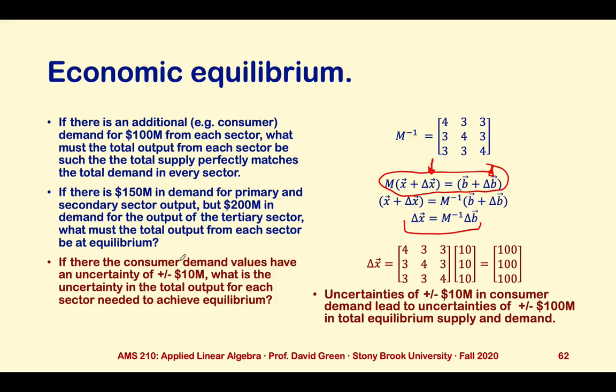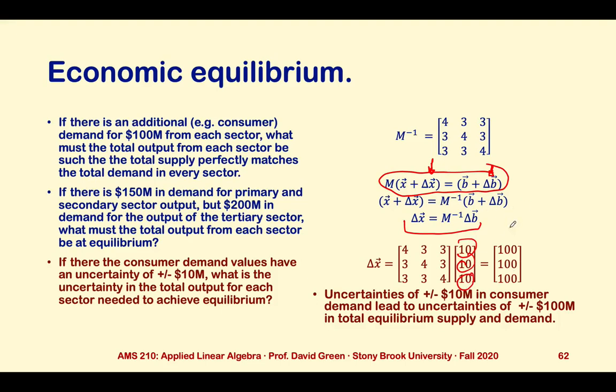So variation and uncertainty of 10 in each of the consumer demands, we might represent by putting 10 into each unit, 10, 10, and 10. How does this propagate into uncertainties? Not surprisingly, when we had hundreds in here, we got 1,000 in all of these units.